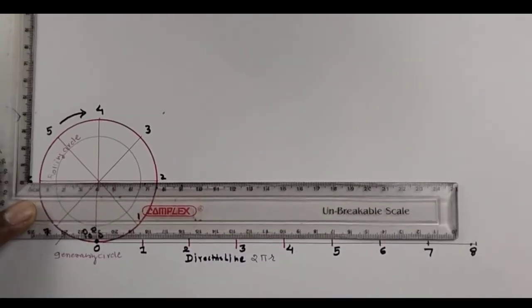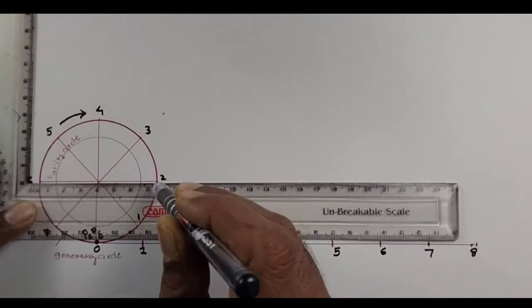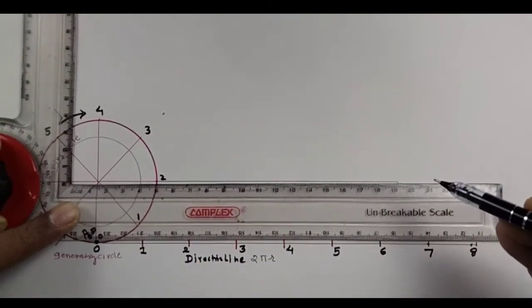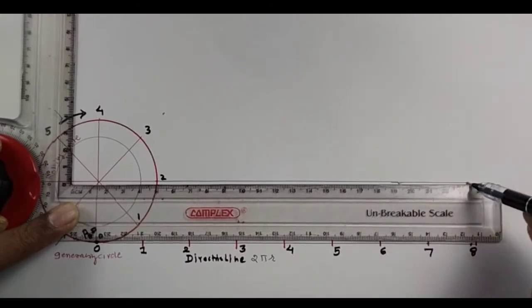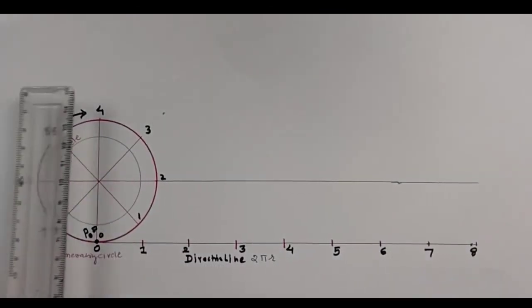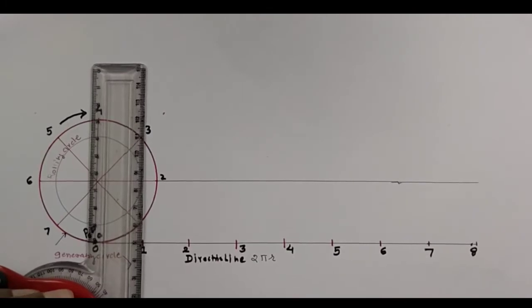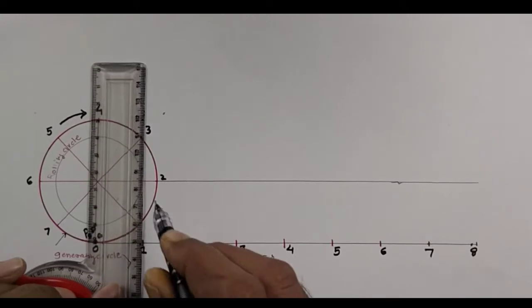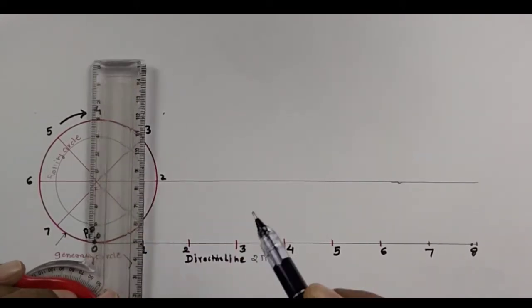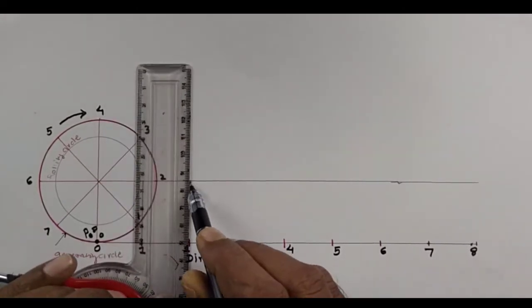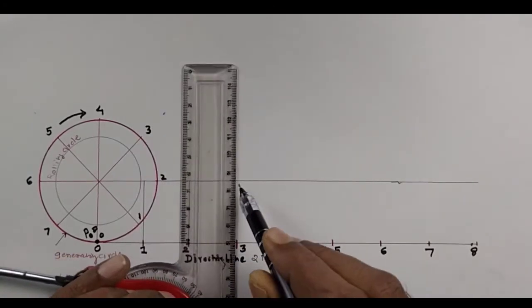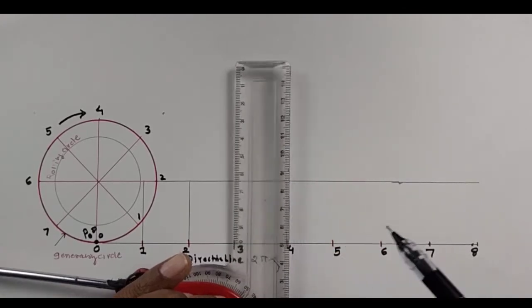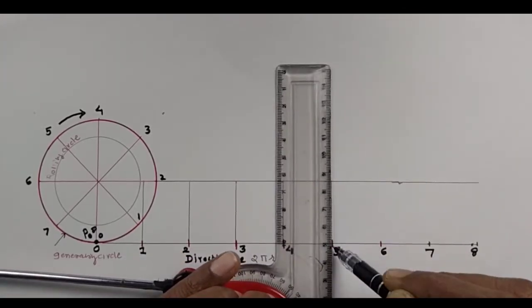Now, first you draw your center line. On this center line, we find all the centers. So what we do, we draw a vertical line from all the points of the directrix line, and it intersects the center line of the generating circle.